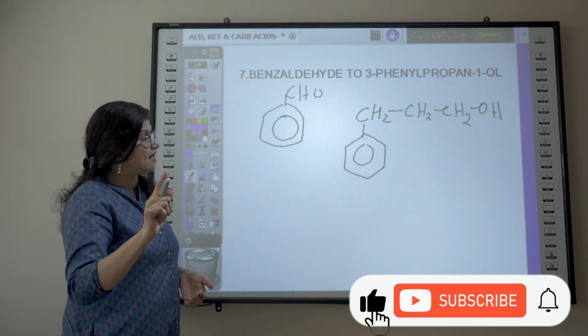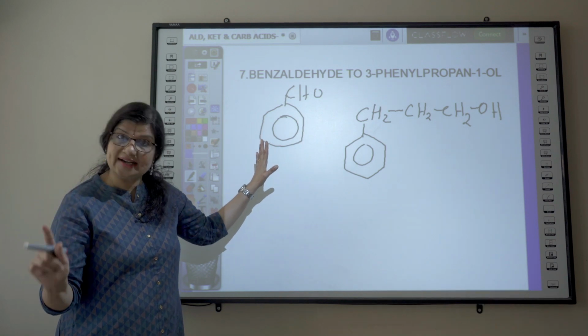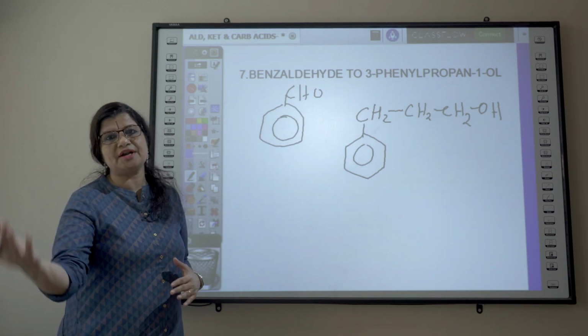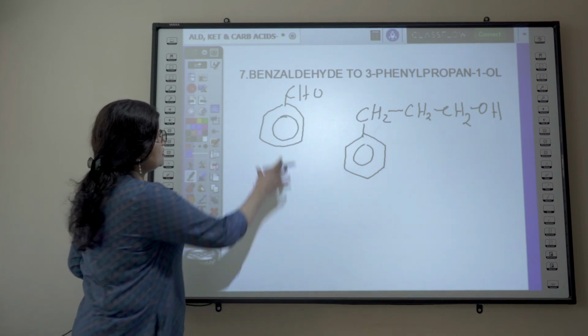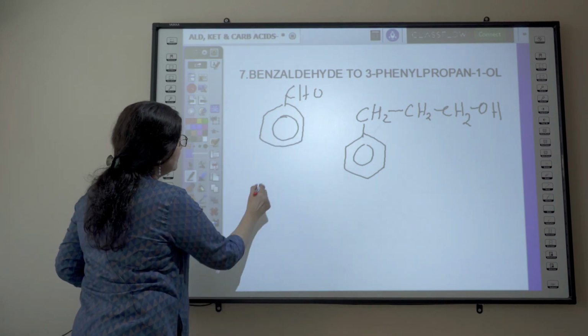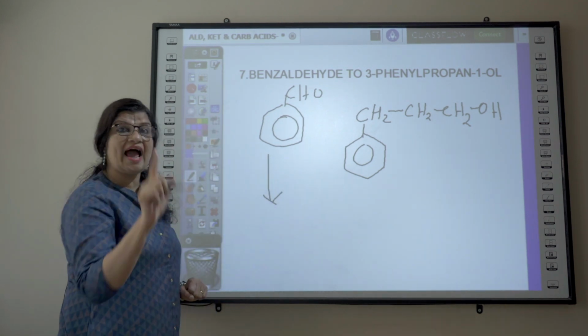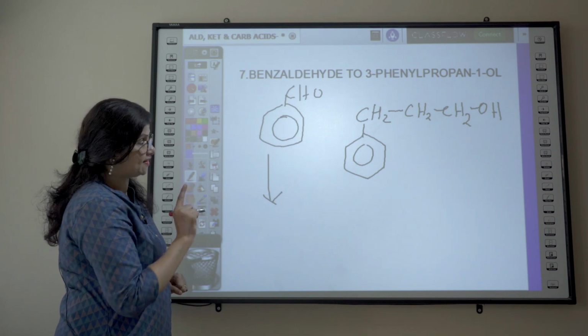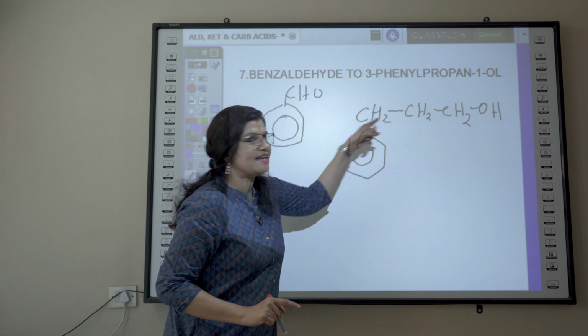So, let's first see whether we can convert this to an alpha beta unsaturated aldehyde, which can be subsequently reduced to give you the corresponding alcohol. Let's see. So, first let's subject benzaldehyde to cross aldol condensation reaction with which aldehyde? Already there is 1 carbon atom, totally we need 3 carbon atoms.